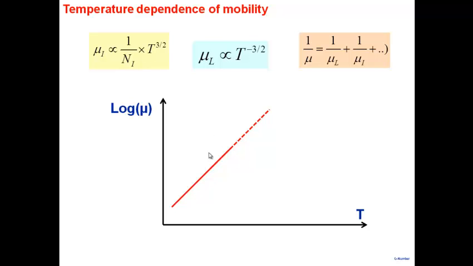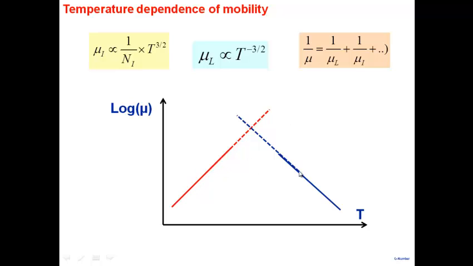Of course, it's not going to keep on increasing, because as it keeps on increasing, the importance of mu I will become less, and then mu L will take over, while mu L tells you that mobility should decrease with temperature here. So what you would expect is that at very low temperatures, it is this term which dominates, and you find mobility increases with temperature.